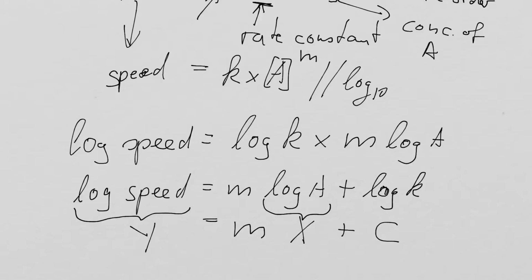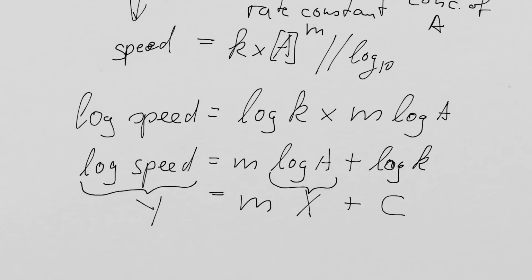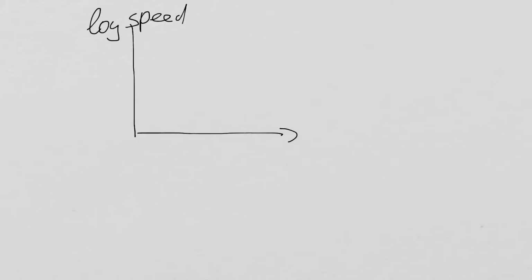So if you've got data for that, what you can do is plot log speed on the y-axis, log A on the x-axis, and you get a straight line.